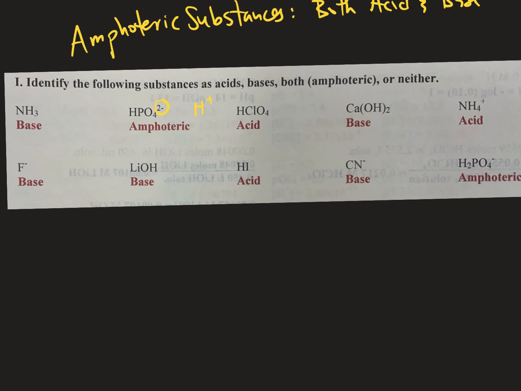Because this is the cation in this ionic compound. How do you know it's ionic? There's no metal in it. Because this is a polyatomic ion. We should be able to recognize that.